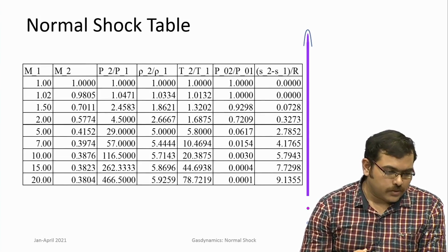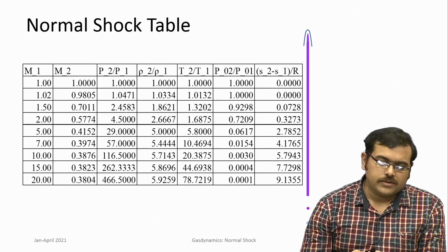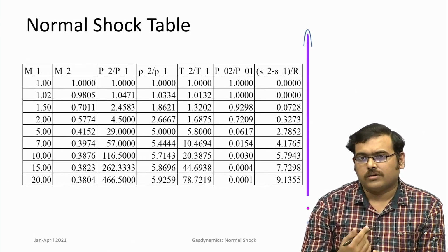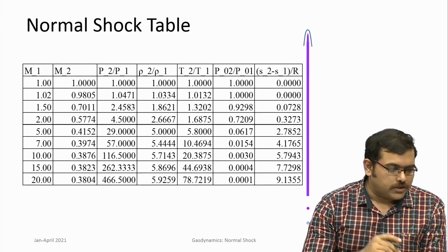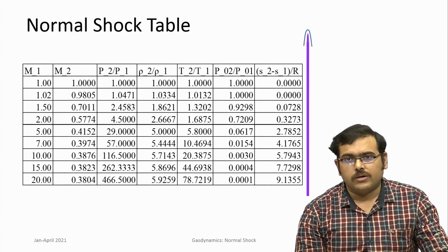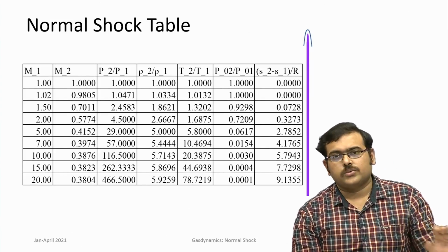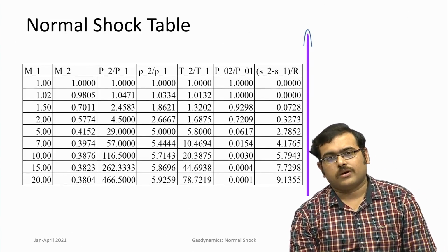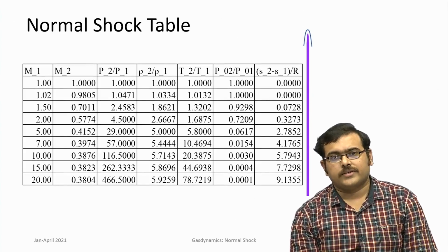So when we look at solving problems, we will use either these tables or online calculators. With that we come to a close on the analysis of getting to downstream conditions of a shock given the upstream conditions, and we are able to relate all the different flow parameters.